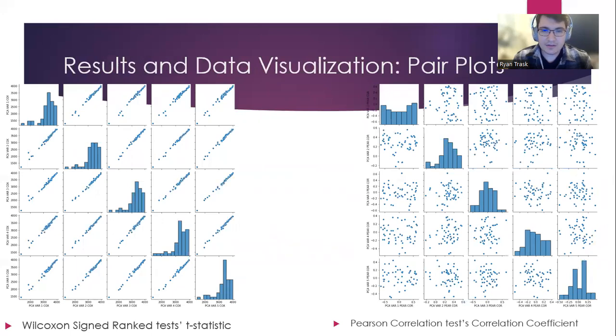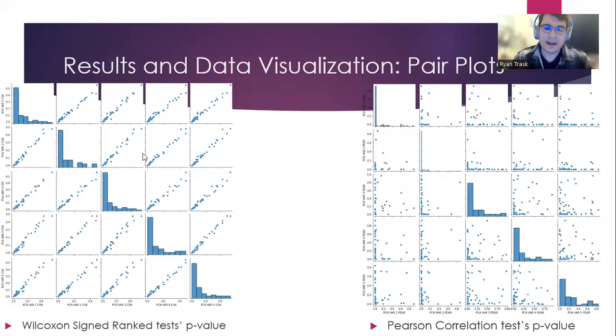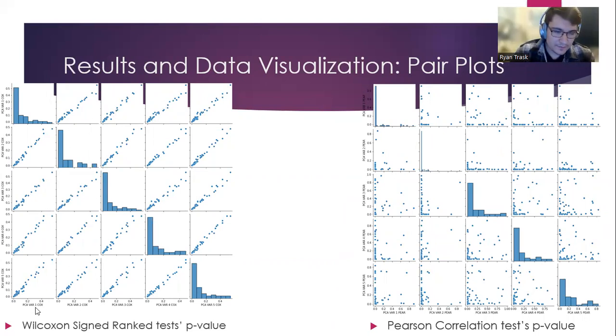And I did the pair plots for every single output. You see, for example, on the left, PCA vector 1, for the t-statistic of the Wilcoxon signed rank test, across all the other PCA vectors, and just repeat it.